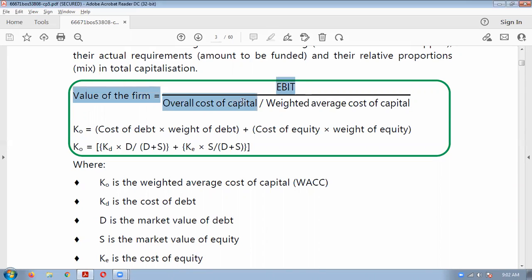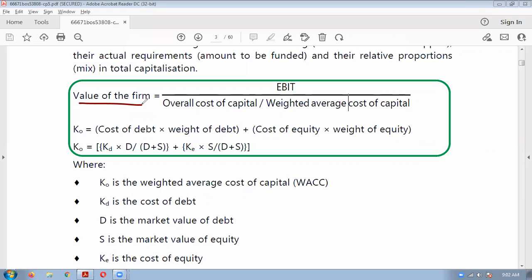If you understand this formula technically, it is capitalizing the earnings before interest and tax. You will get the value of the firm. If you have studied valuation in accounting, there is one method of calculating the value of the firm, the earnings based approach.